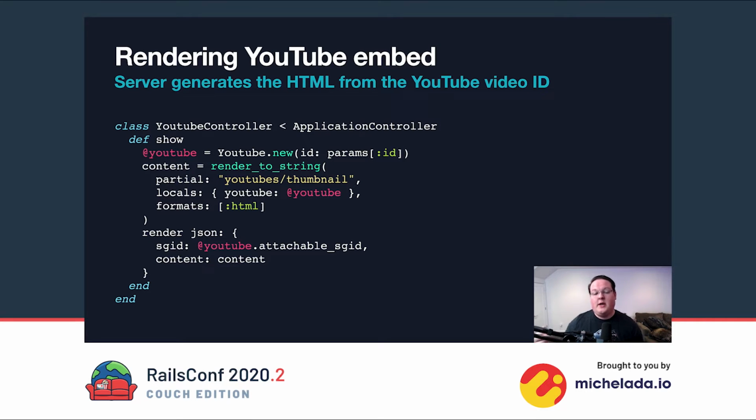If you needed to make an API request, you would create a database record and cache that URL or the ID or whatever so that you don't have to do this lookup every single time that you render things. This YouTube instance that we're creating here with an ID is going to be what ActionText references in that global ID later on.